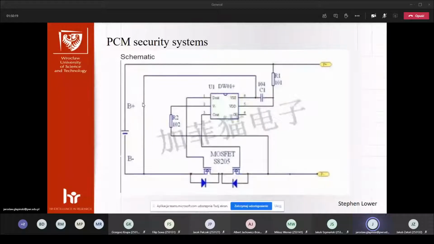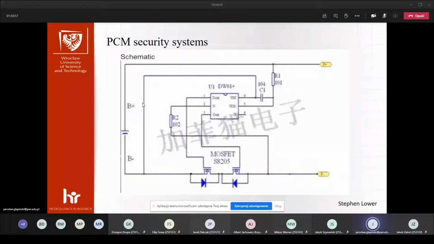The problem is that we cannot discharge it fully, so we can't go below a special value. For such an accumulator it is 2.4 volts. If the battery reaches this voltage or goes lower, we can't discharge it again, because it becomes explosive.